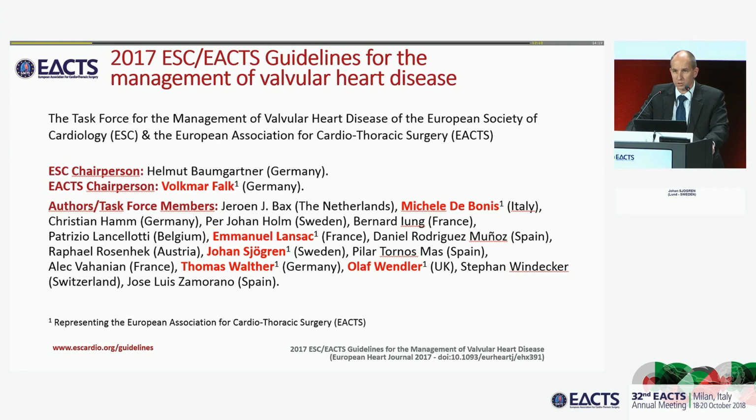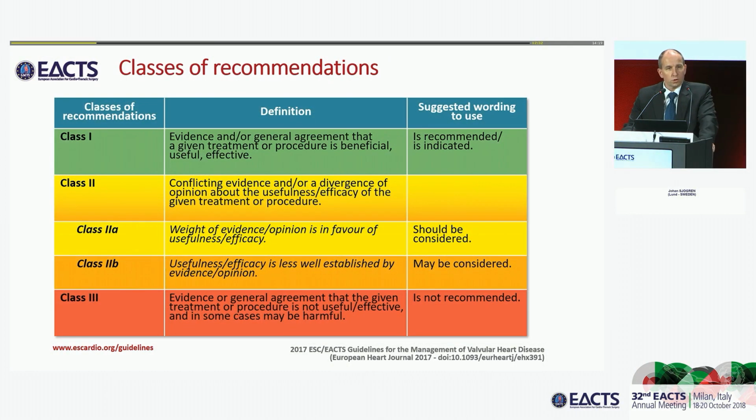Because often there's no randomized trial, but it's a consensus of experts. You all have read the guidelines, and you know the European guidelines have a strict format. There are classes of recommendations: class 1 for what we recommend, class 2 for what should be considered or may be considered, and class 3, not recommended.